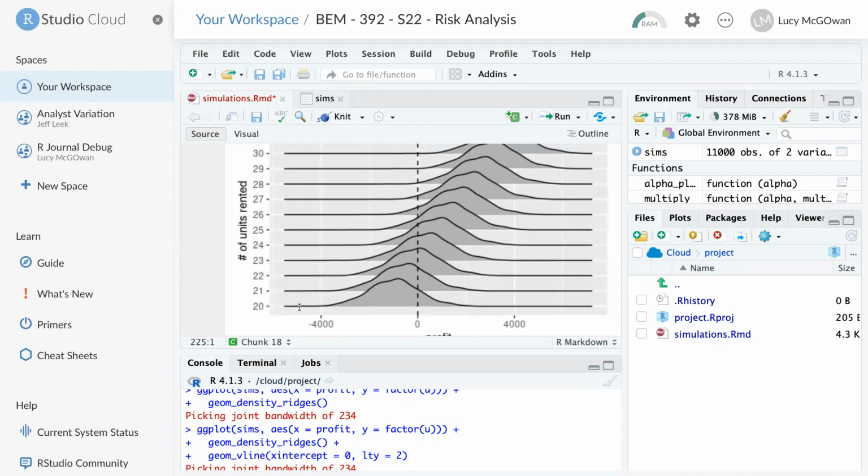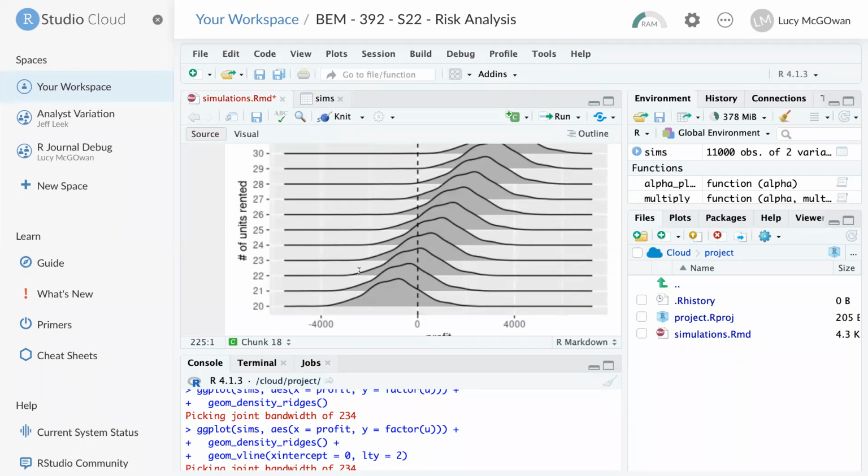And so what you all have done so far is Monte Carlo simulations to assess the risk of a particular choice or a particular investment or a particular kind of business decision. And you've also now incorporated the ability to look at sensitivity analyses, where you can see how sensitive your estimates are to certain parameter inputs.